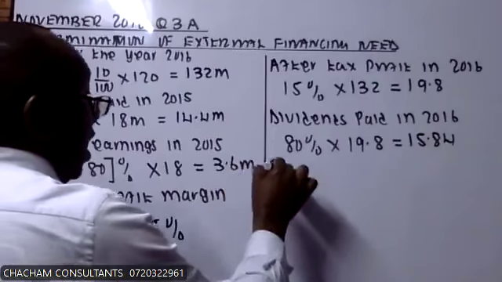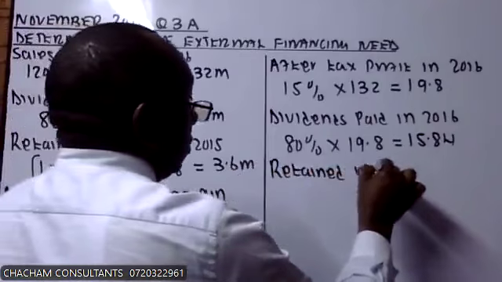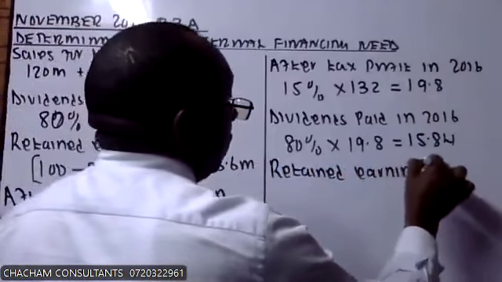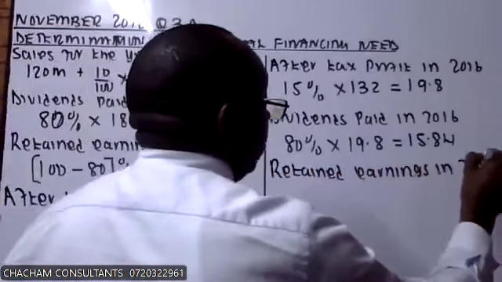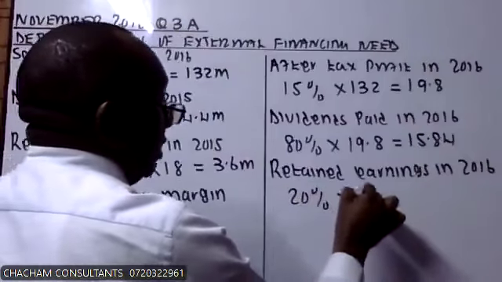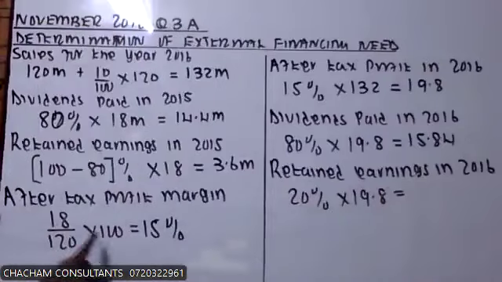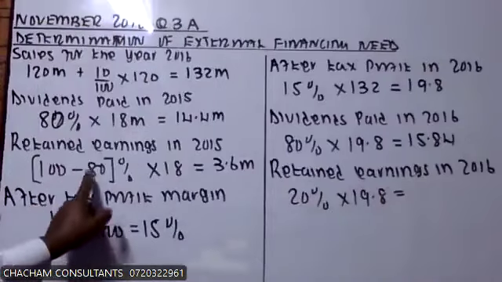So the retained earnings in 2016 will be 20% of 19.8. So 20% is what remains here, 100 minus 80.